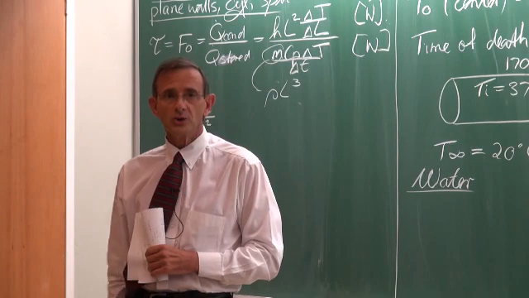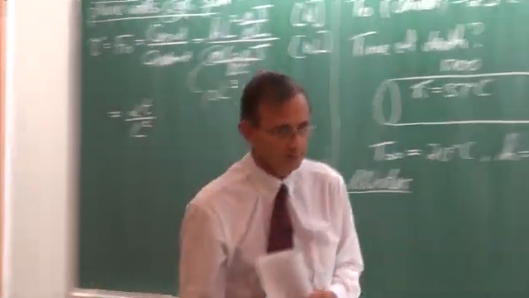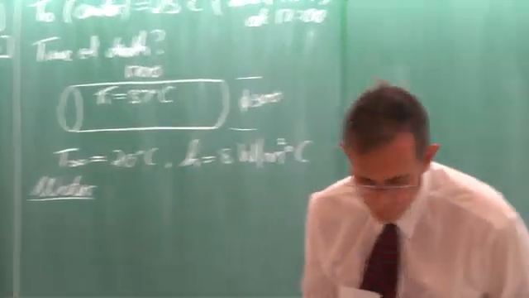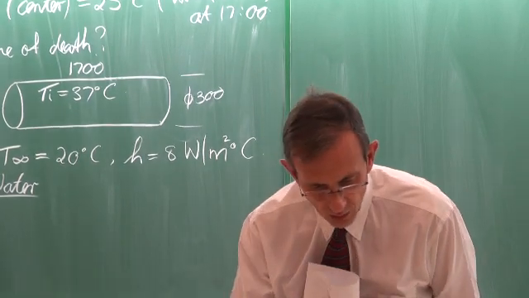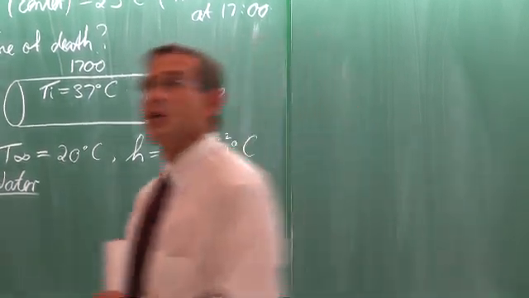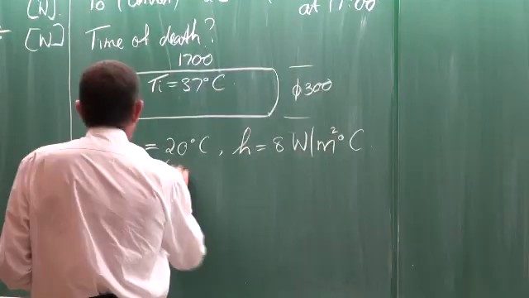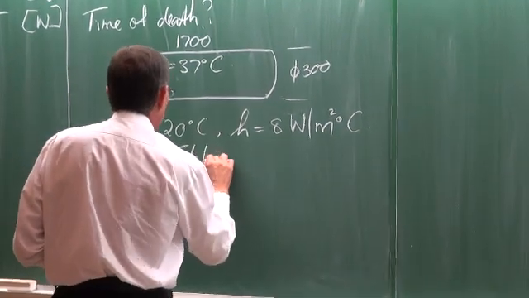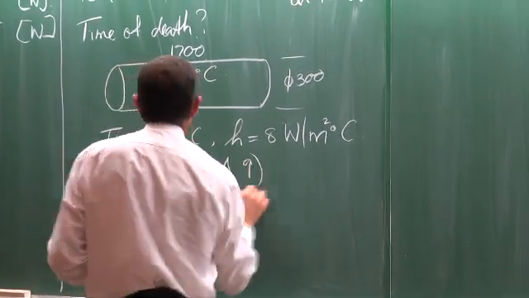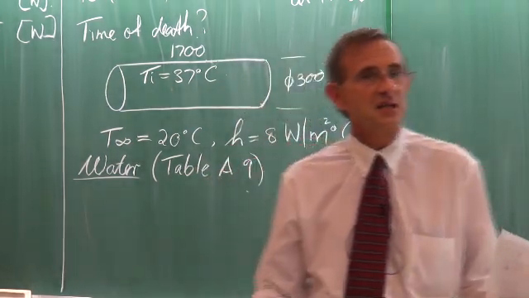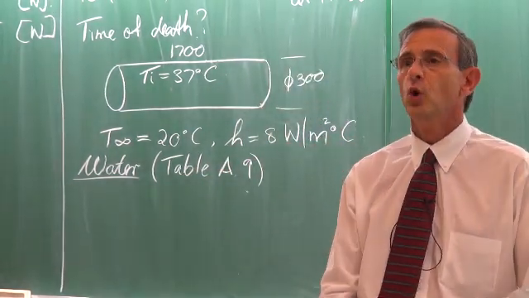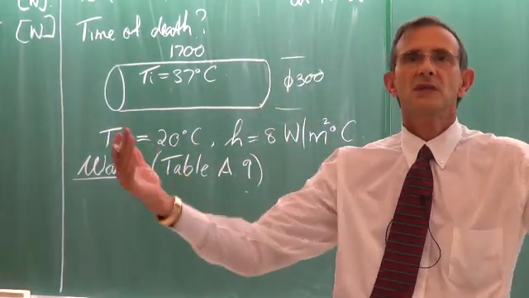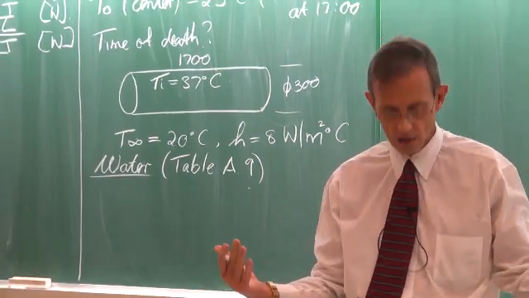Now that I tell you water, you can go and look in your tables. And if you do that, you will see there's a table which is table A9. And in table A9, lots of characteristics are given specifically for water. The steam tables is another table that you can use.